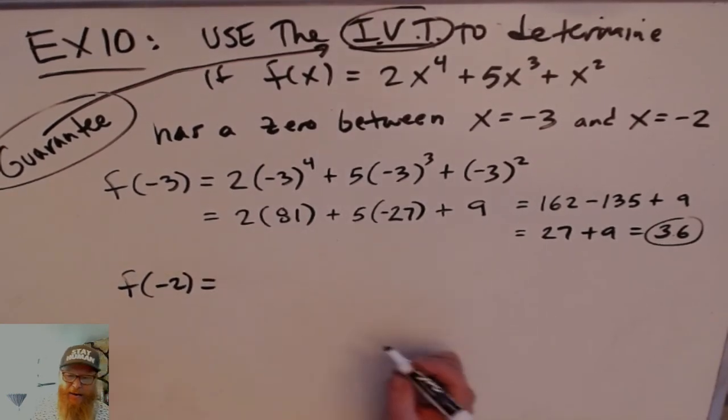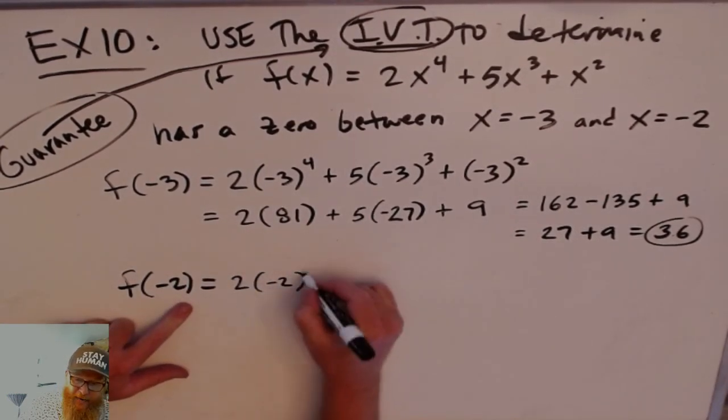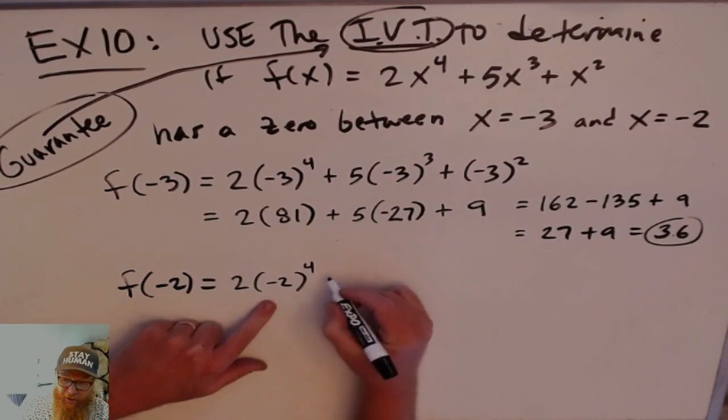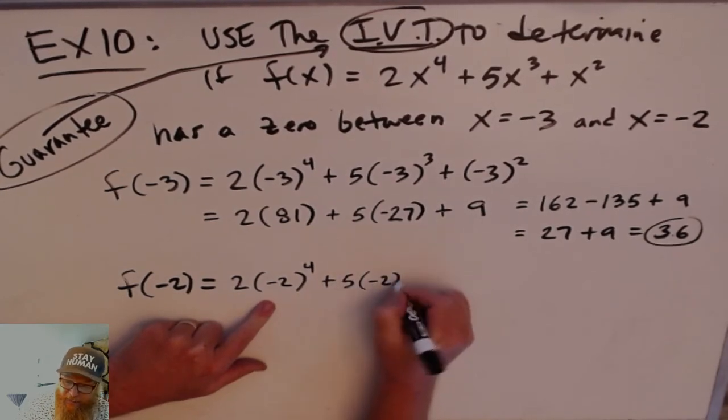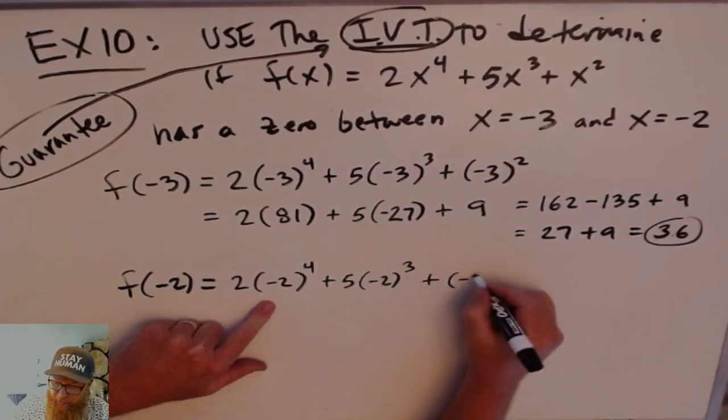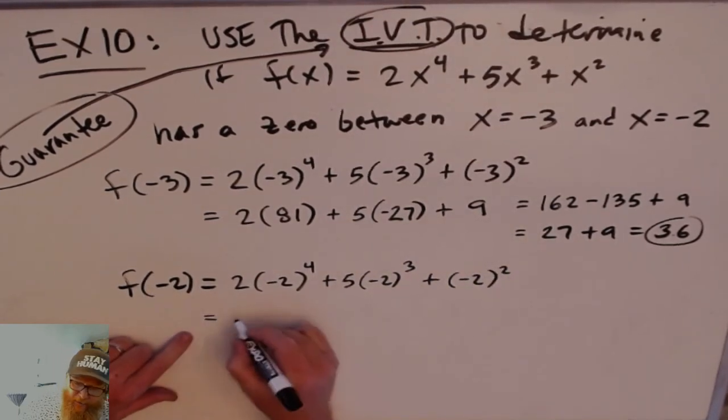Let's see. -2. So 2 times -2 to the 4th plus 5 times -2 to the 3rd plus -2 squared.